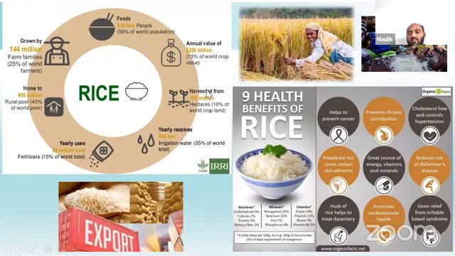And see in this picture, rice provides more nutrients as compared to other crops, and rice is cheap, so poor people can also prefer and buy rice. So what are the health benefits of rice?